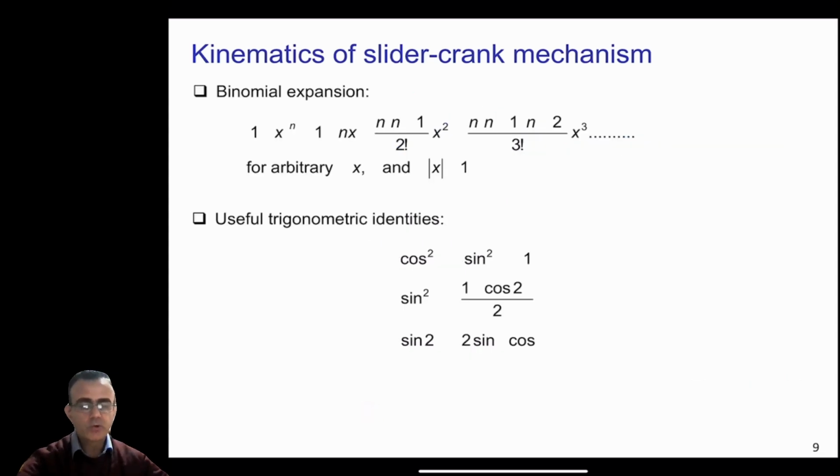Okay, so before going into this equation, we will just introduce the main equations. The first one is what we call the binomial equation.